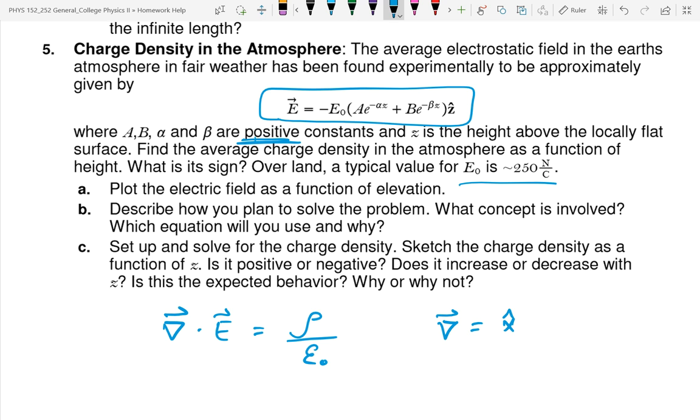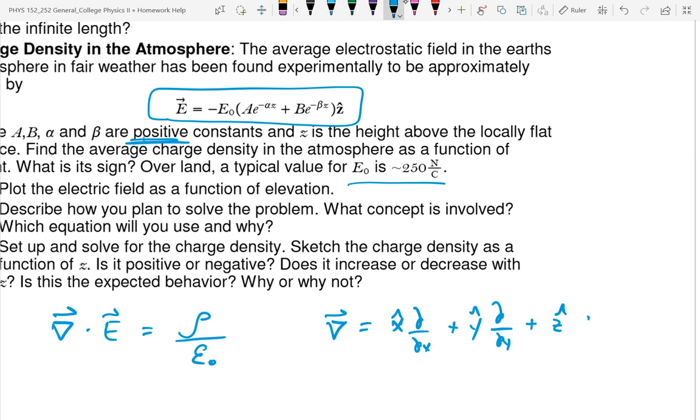Well, you have x hat d dx plus y hat d dy plus z hat d dz. Now I'm doing a dot product, so the electric field vector is only in the z direction, right? So when I do a dot product, I'm multiplying the parallel parts.